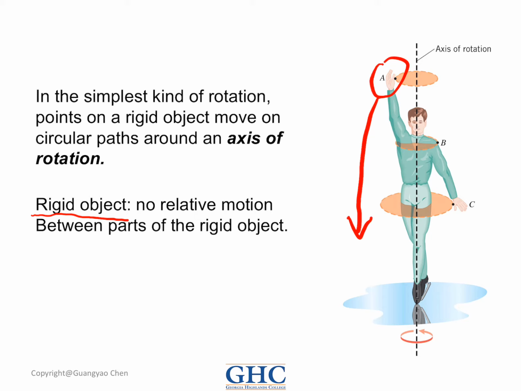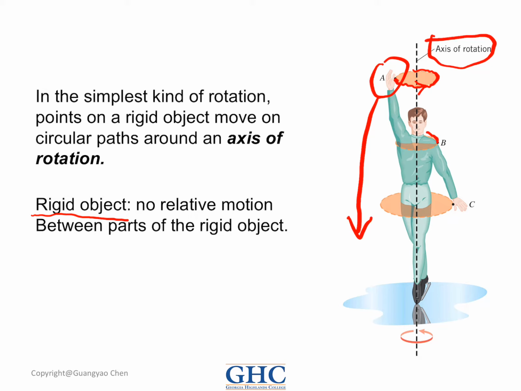Okay, now after we define rigid body, we can define rotation. First, we should have an axis of rotation. If you have an axis of rotation, then any point on this rigid object has to rotate on a circular path, a perfect circle around this axis of rotation.